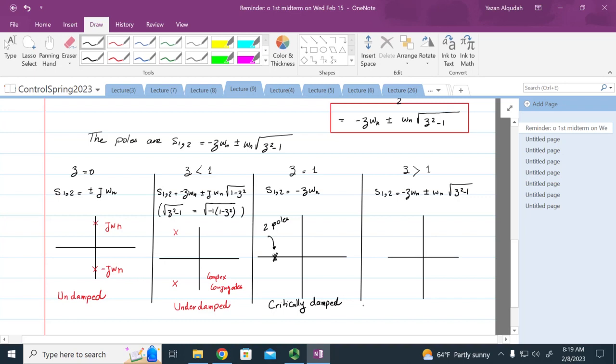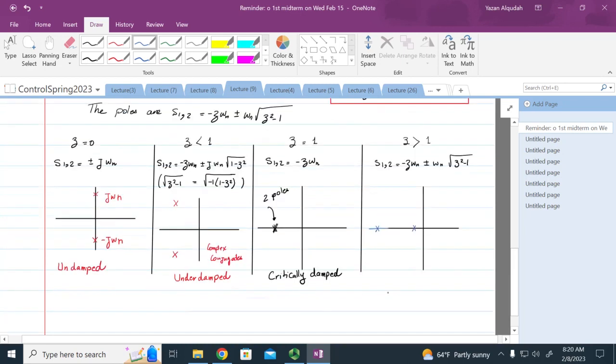Zeta squared is greater than 1, so this is going to be real. So it's going to be a real plus or minus a real value. Where are the roots going to be? They're going to be on the real axis. And they're going to have two different locations, one that's coming from adding omega n square root of zeta squared minus 1, and one from subtracting it. And this case, we're going to call it overdamped.